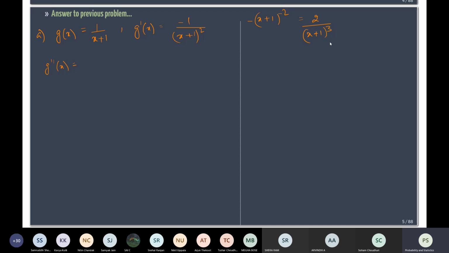Let us clean this up. So it is 2 by (x plus 1) cubed, that is, 2 by (1 plus x) cubed. This is going to be positive because the range was assumed to be positive anyway. So for x greater than 0, this is greater than 0. What does this imply? This implies g is convex. So g is convex on (0, infinity).